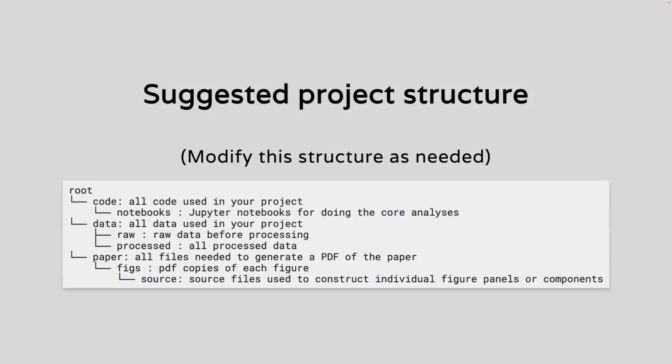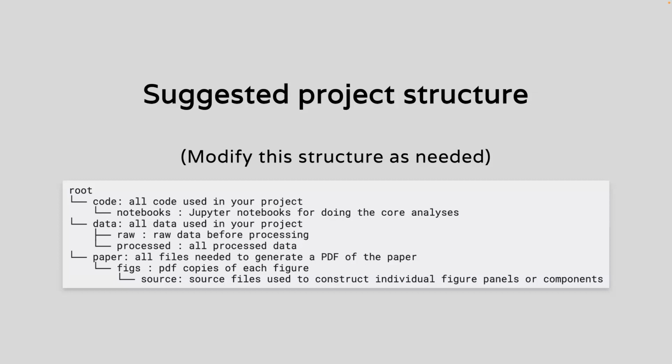The way I like to organize my projects is using this kind of directory structure. You've got your root folder, which is your repository. Then I like to have a code folder, which usually has some helper functions, and then a notebooks folder with Jupyter notebooks that you can run to reproduce the figures, where each one maybe runs an analysis, or some stats, or compiles demographic information for your participants.